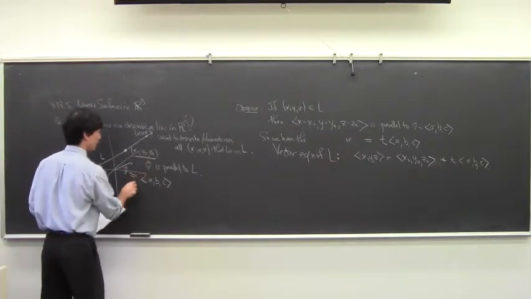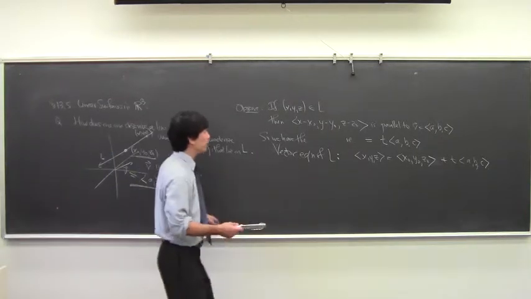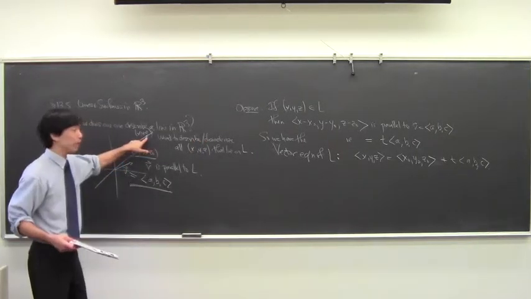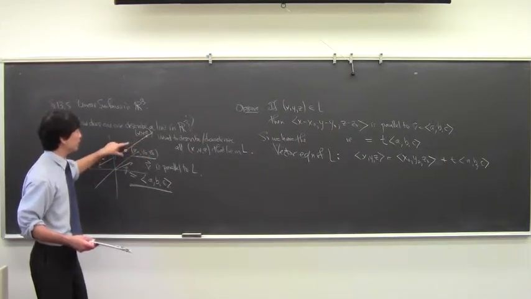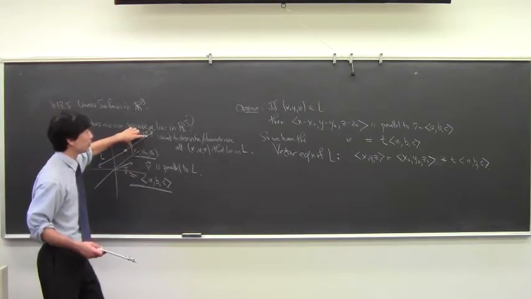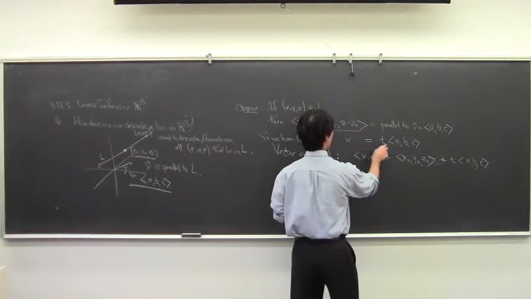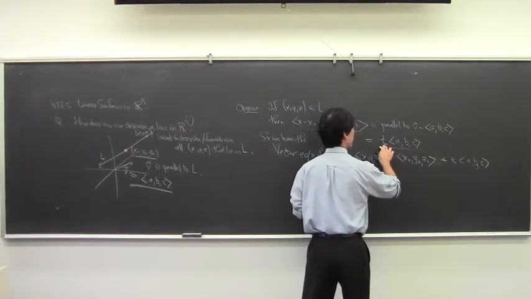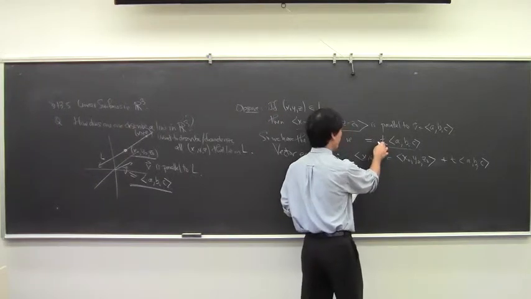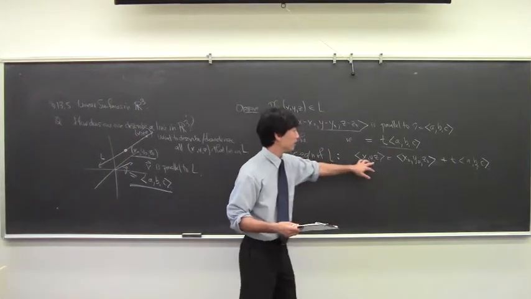So here's the point on the line, here's the vector ABC parallel to the line. And you notice that if you take an arbitrary point on the line, then the difference is going to be parallel to ABC, in other words, a multiple of ABC. And so that gives you this first form, the vector equation in the middle.